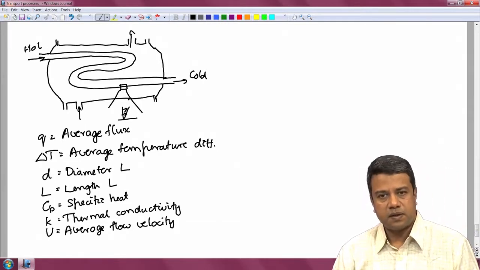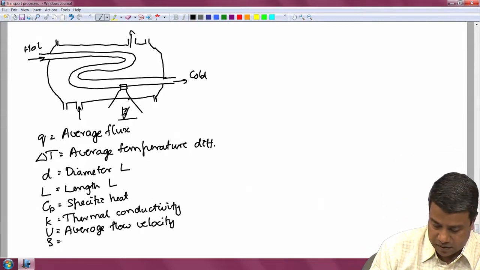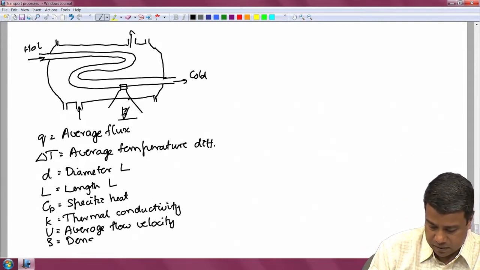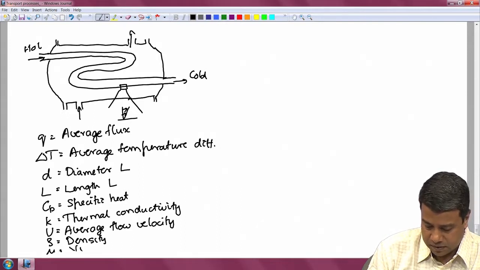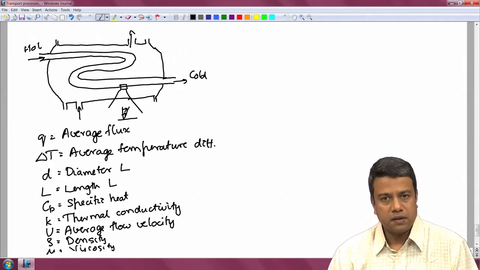And this will also depend upon the mechanical properties of the fluid, the density and the viscosity. So, we now have a total of 9 quantities here.